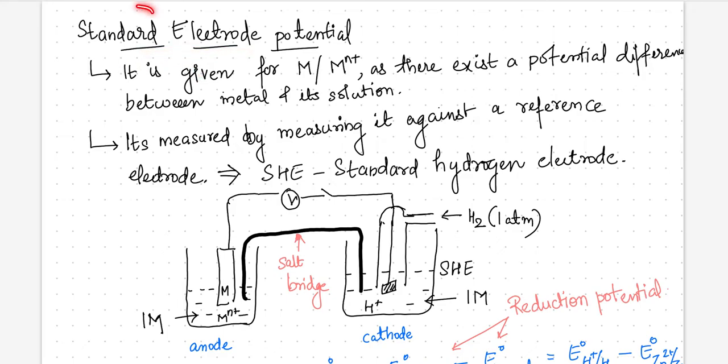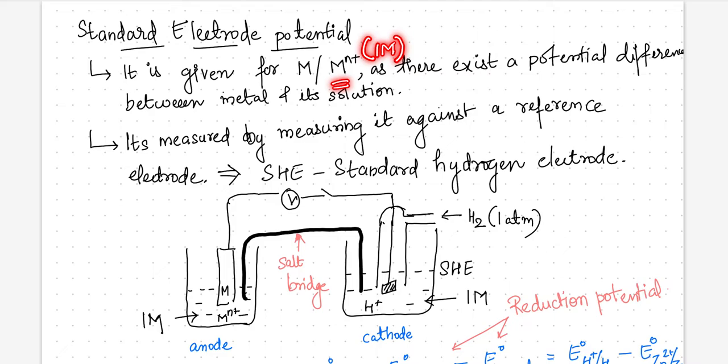Now, the word standard means, whenever we are talking in general about electrode potential, it means a metal with metal ions of any concentration. But when we put the standard before it, what it means is the concentration of the solution should be approximately 1 molar.